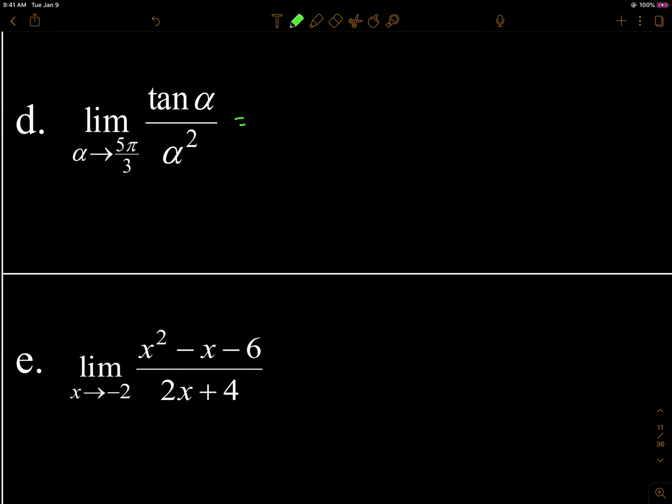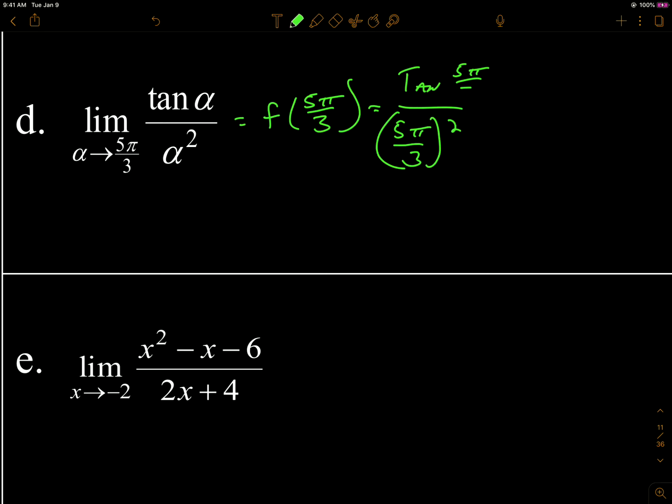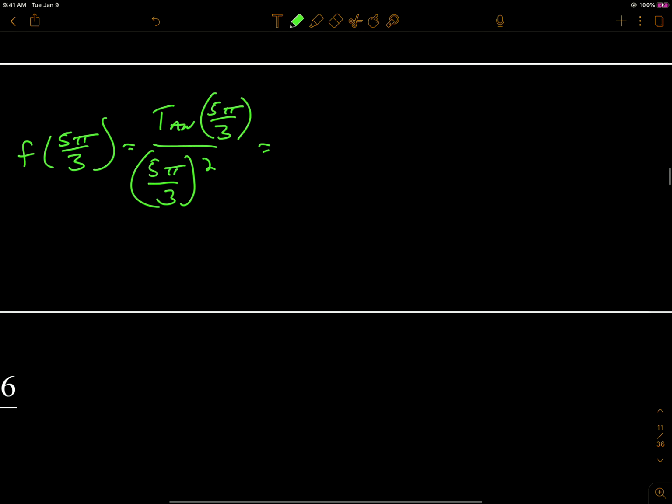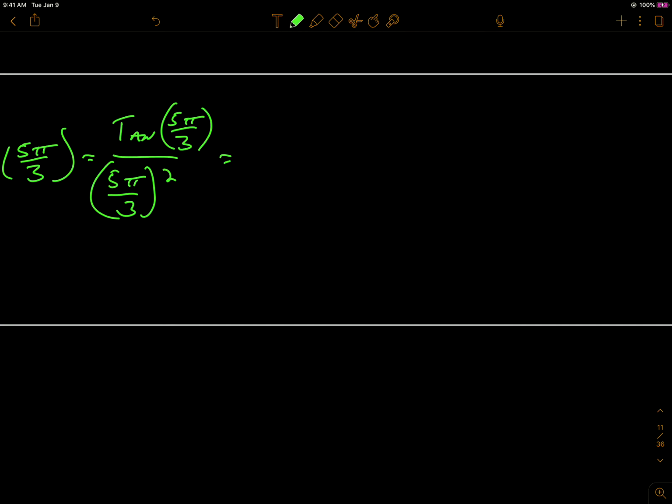All right, this guy, I'm going to plug in, see if direct substitution works. On the bottom, when I plug in for alpha, I get 5 pi over 3 squared, so that's not 0, so it's going to work. Up top, tangent of 5 pi over 3. All right, so tangent of 5 pi over 3 is -√3 over 2, I believe.